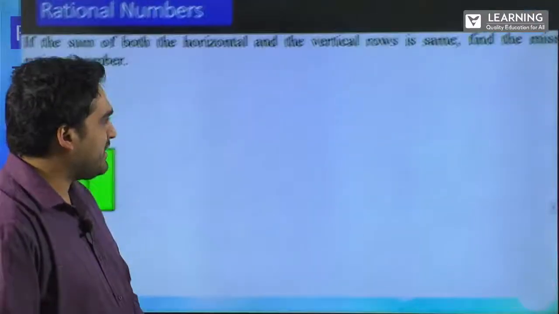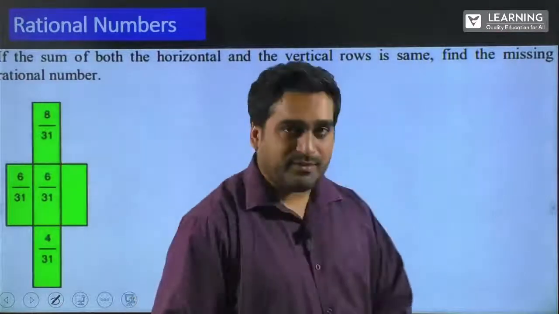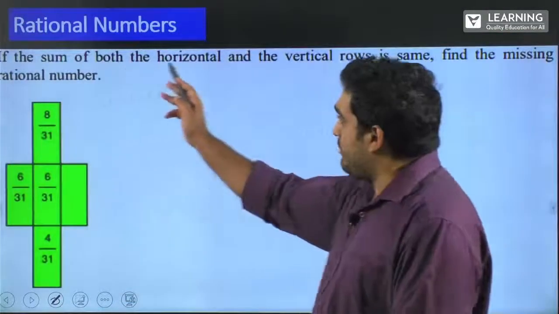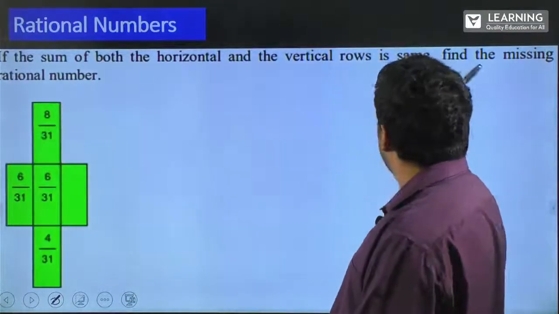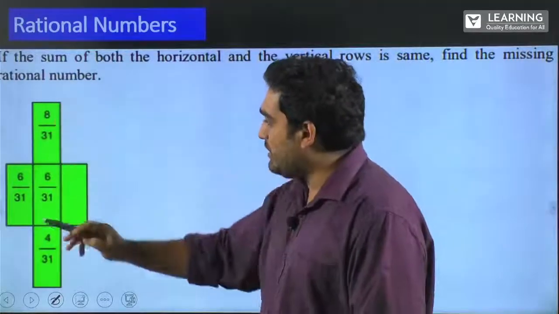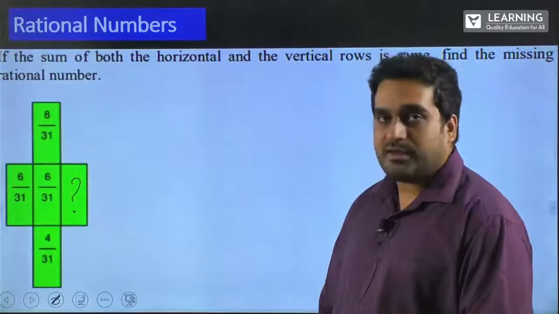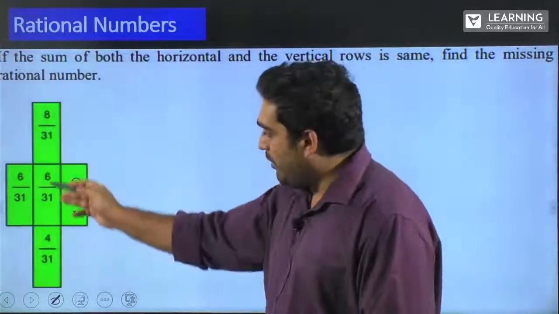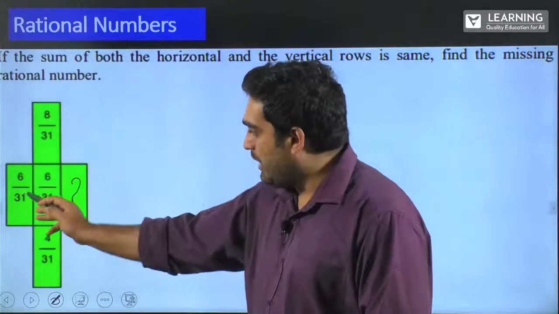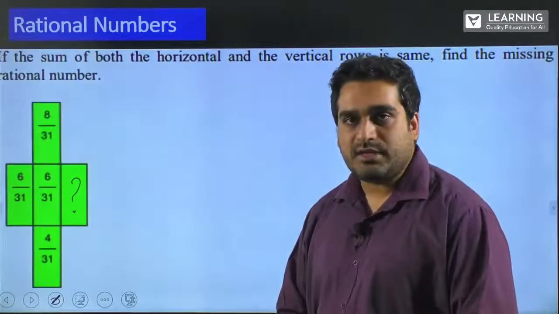All right, let's have a look at another question. The sums of the horizontal and vertical rows are the same. Find the missing rational number. This is the missing rational number. So the sum of the vertical and the horizontal are the same.